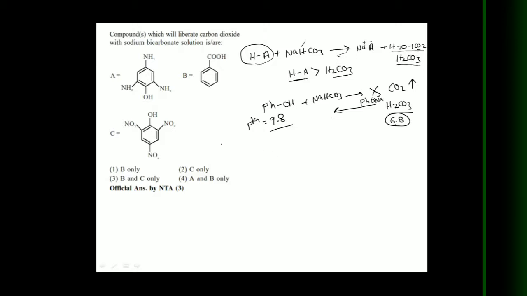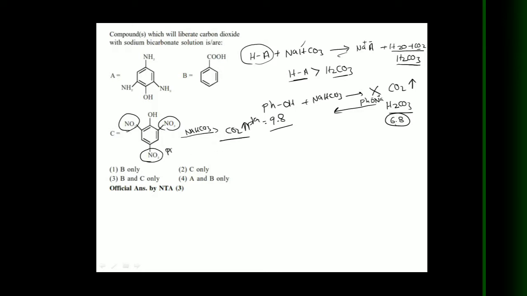But whenever 3 NO2 groups are introduced, because of the electron withdrawing groups, acidic nature of the phenols increases. Not only phenols, any compound having electron withdrawing group, acidic nature increases. So this compound can give the CO2 on reaction with sodium bicarbonate.